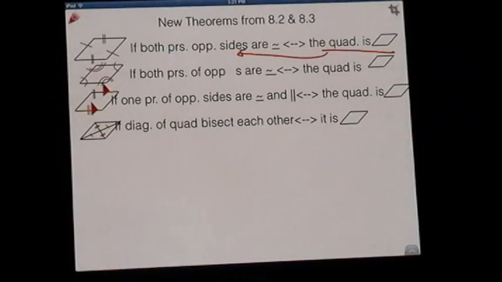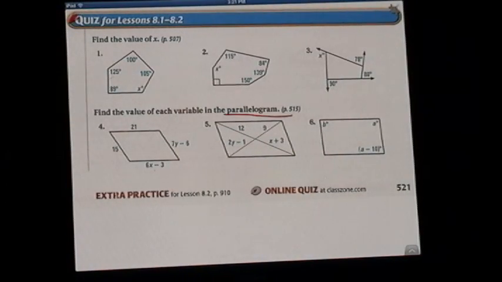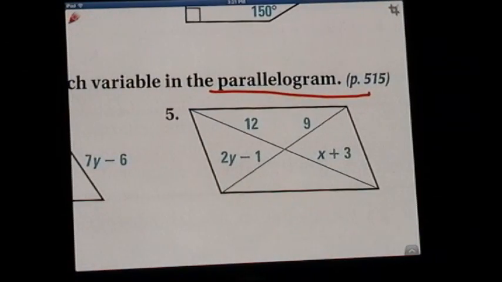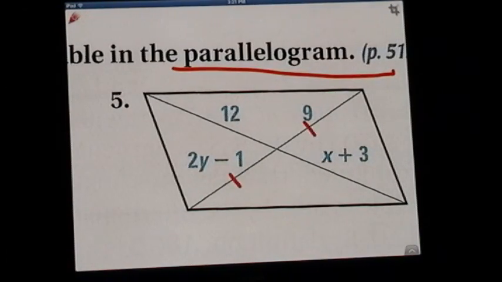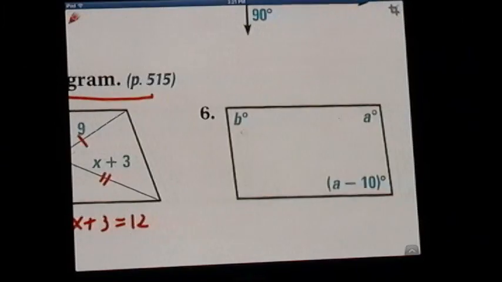If it's a parallelogram, and since these are all parallelograms, then the diagonals are bisected. So this is congruent to this, and this one is congruent to this one. It does not mean they're all congruent to each other. You should be able to set up your equation: 2y minus 1 equals 9, and x plus 3 equals 12. Then you should be able to work it out from there. I'll give you the answers at the end.